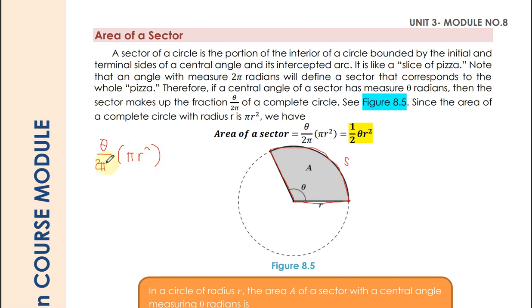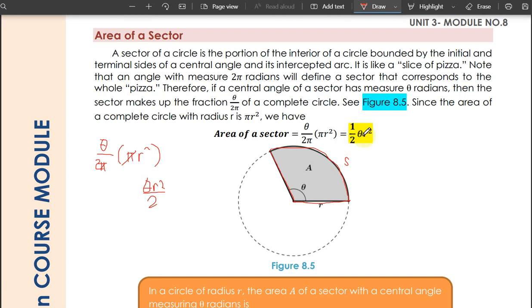Since pi is common in the numerator and denominator, it cancels out, and what is left is theta r squared over 2, or that is 1/2 theta times r squared.